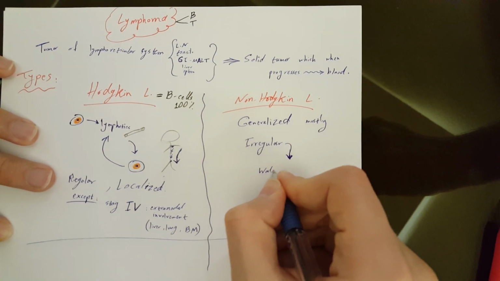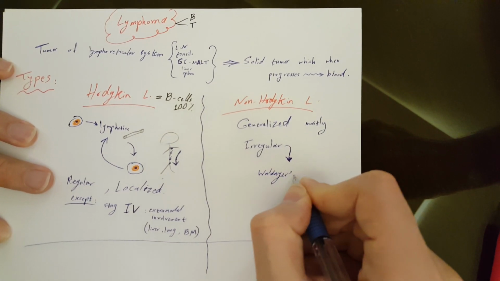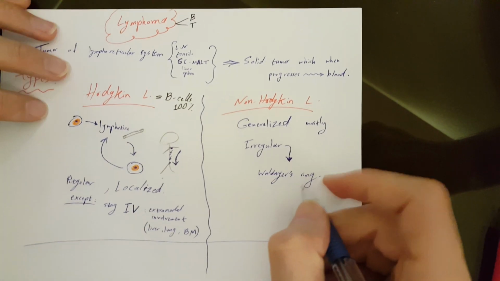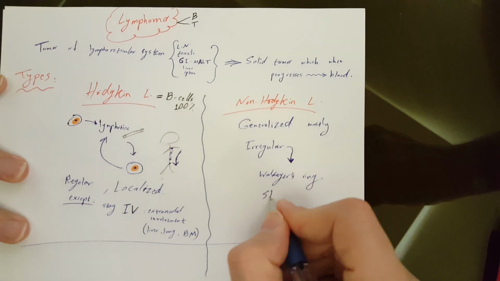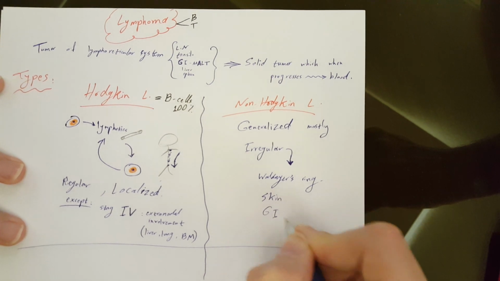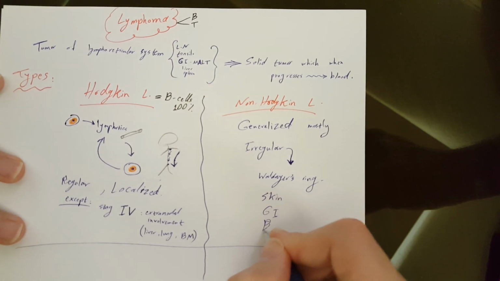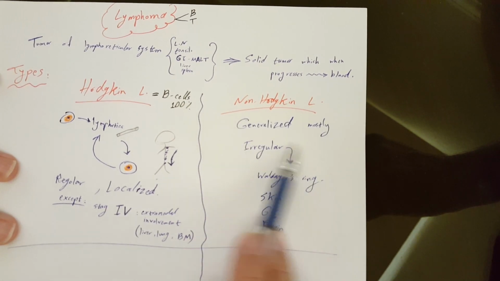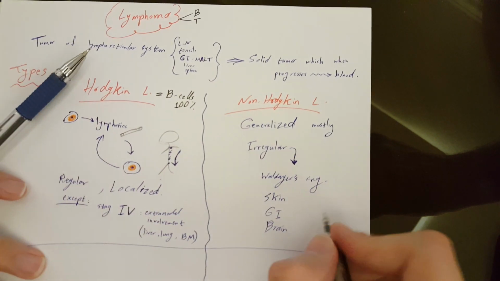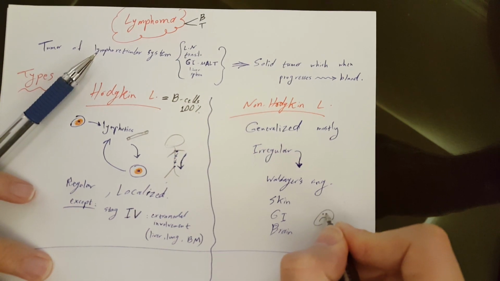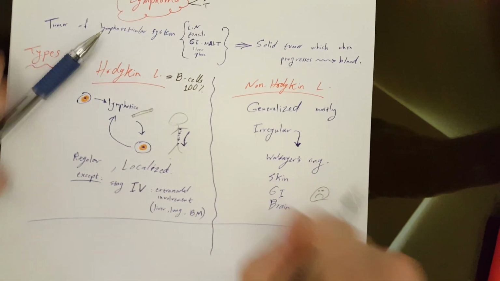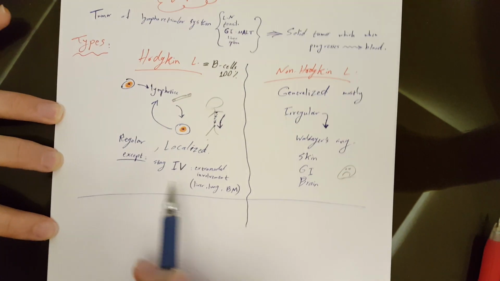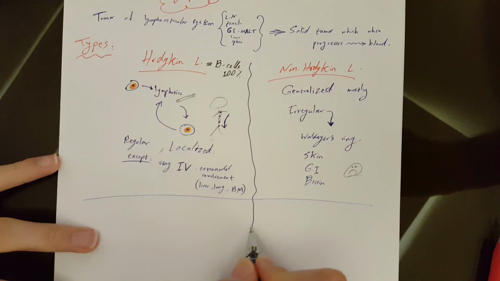For example, Waldeyer's ring in the pharynx, or for example, in the skin, in the GI, in the brain. Okay, so you can see if it spreads to all of these places, it's kind of worse. Okay, this is bad, people.